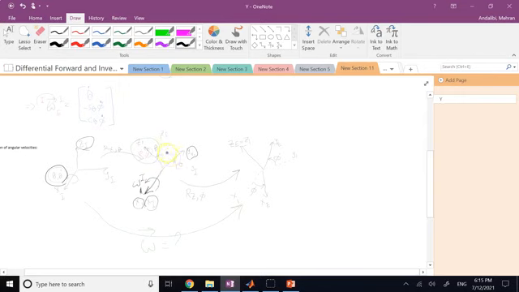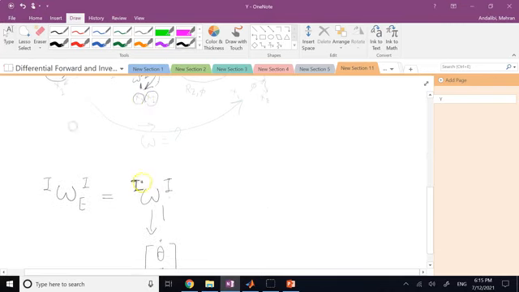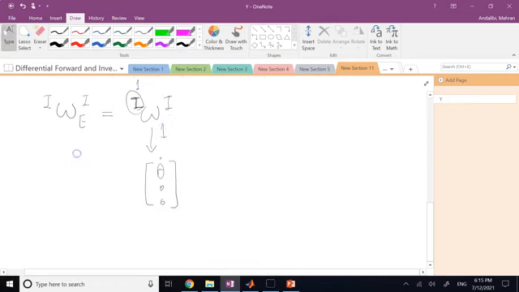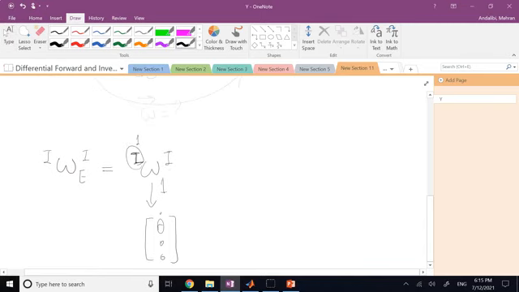Because it has no component along y1 or z1, yi or zi. All it has is along either x1 or xi. So the result is the same. Even if I did this in frame 1, it's still going to be the same thing, okay?